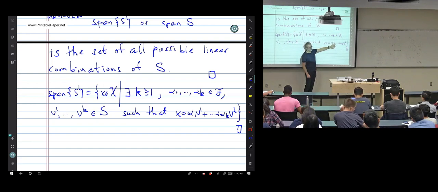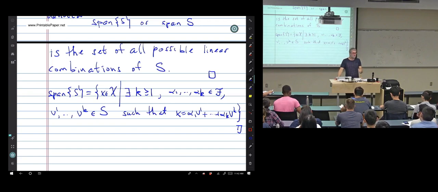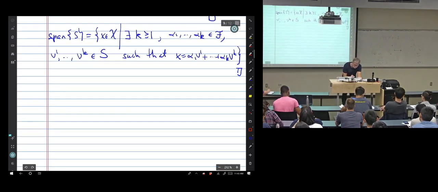What do I get? Another linear combination. So what do I know about span of S? It's a subspace. It's closed under vector addition and scalar times vector multiplication. Okay? So that's why span is so important.